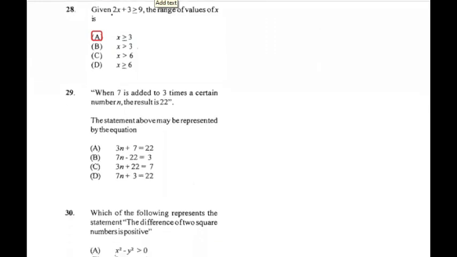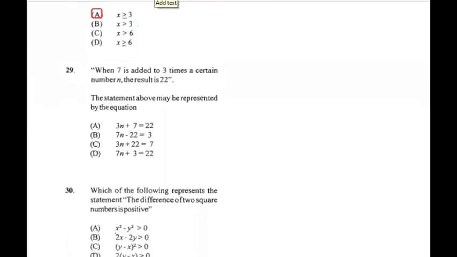So 29, when 7 is added to 3 times a certain number n, the result is 22. The statement above can be represented by the equation. So when 7 is added, that's addition, to 3 times a certain number, that is multiplication.